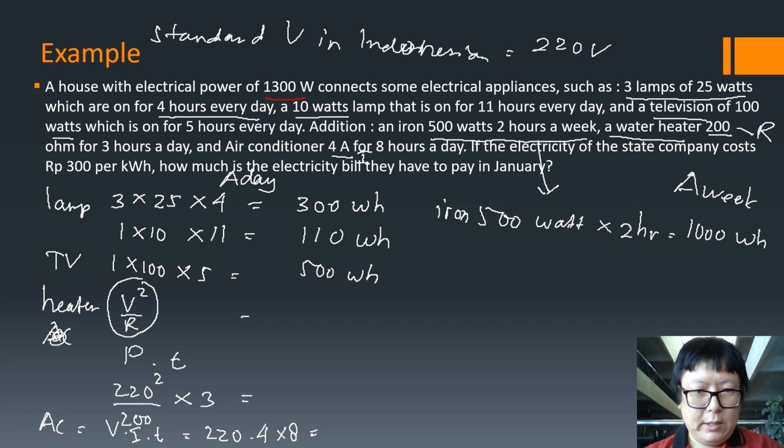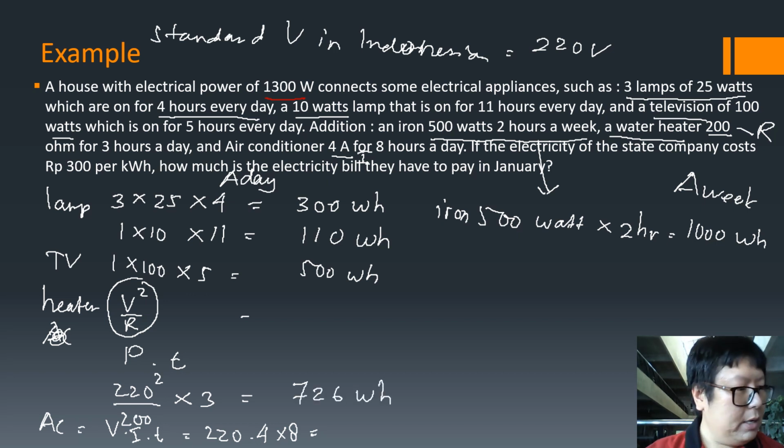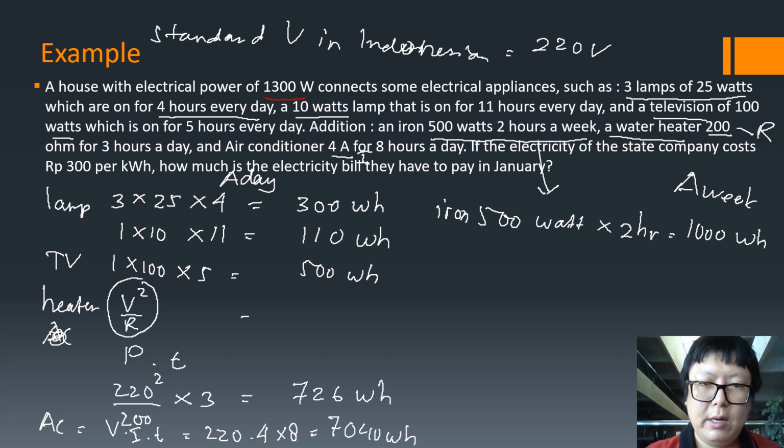So this one is 726 watt hour. Then this one is 7040 watt hour. So you add it. This is the total usage in a day.